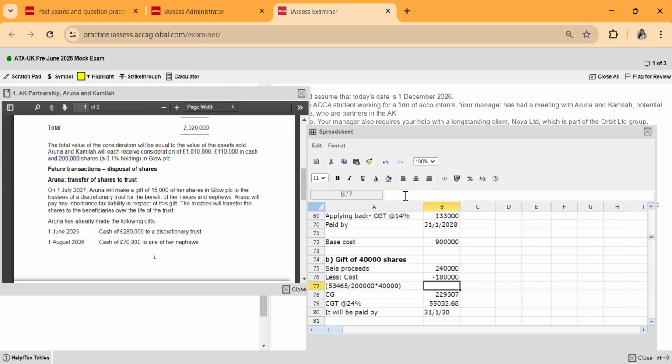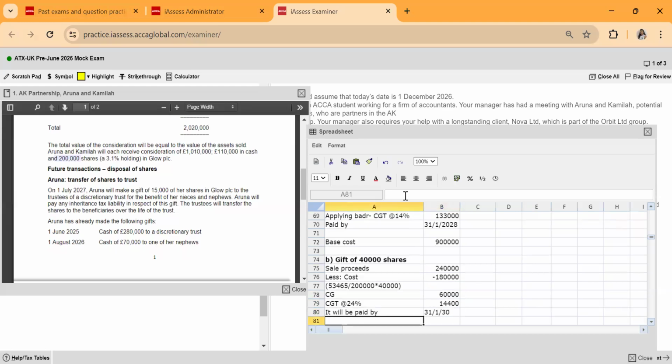So the cost that will reduce will be 180,000 and the chargeable gain will be 60,000, correct? So what will be the tax liability at the rate of 24%? 14,400, and the due date will remain the same.